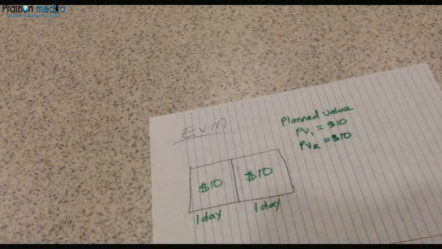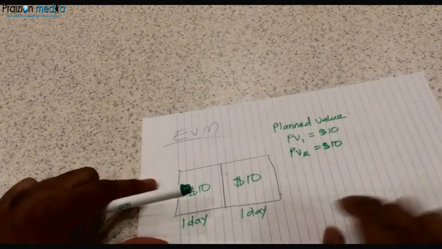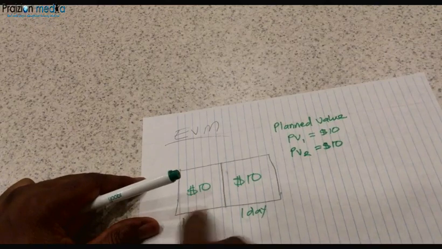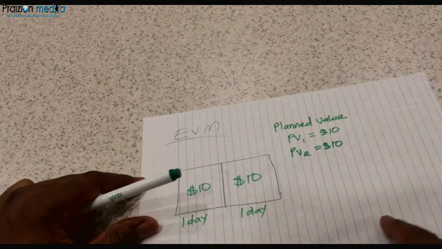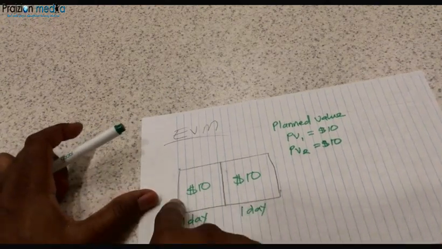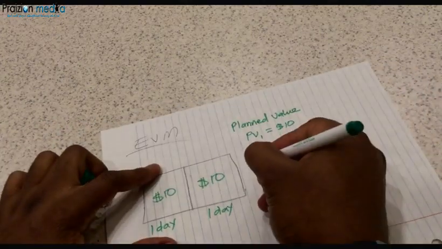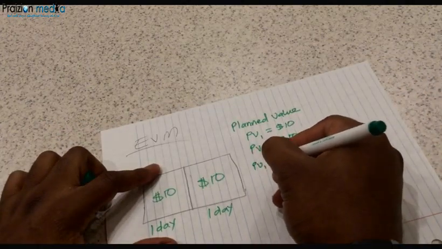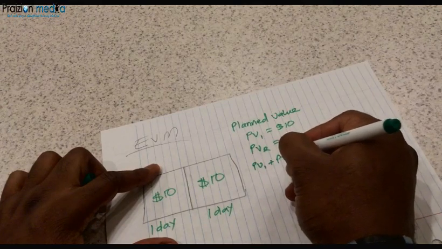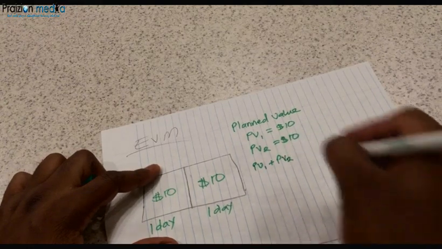Right? Now that you understand what planned value is, we can add up the planned values across the entire project. It's a 2-day project, and if we add up the planned values across the entire project, we end up with something like this: PV for day one plus PV for day two.